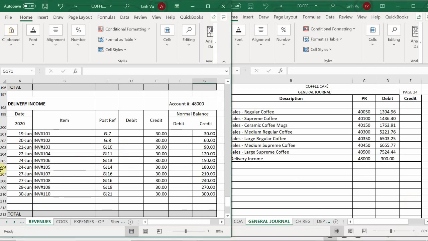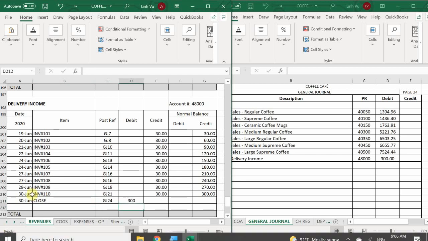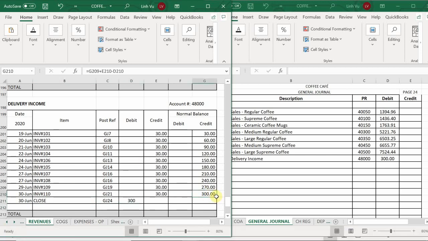Okay. 6:30 close general journal 24 for $300, and that should bring your account balance to 0. Okay.